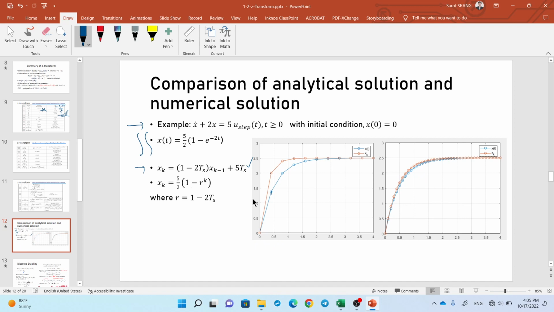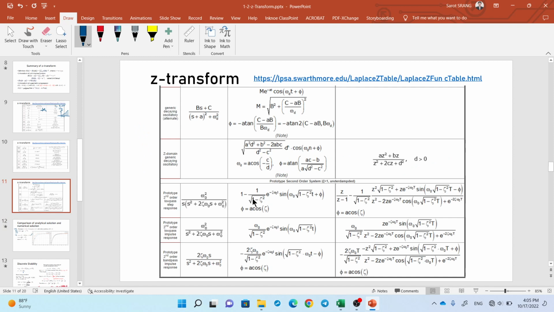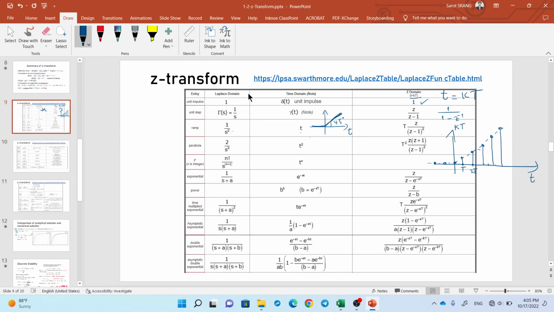But then let me ask you, when you apply the z transform to a function, for example t like this, is this a kind of approximation?